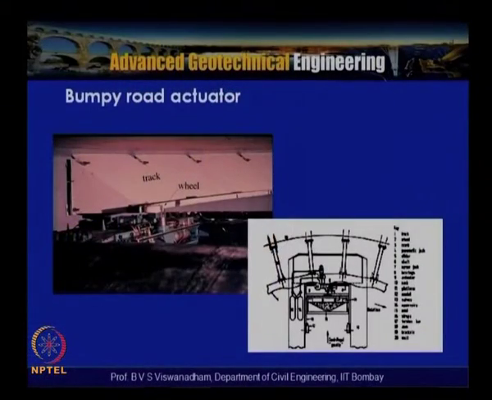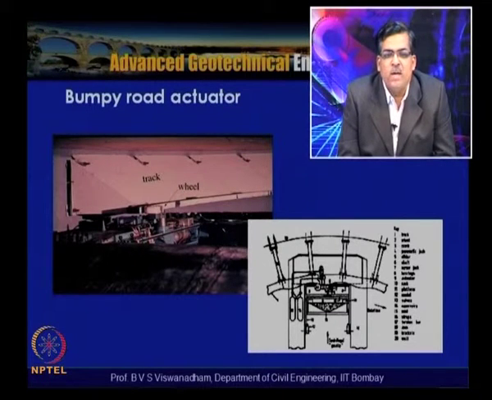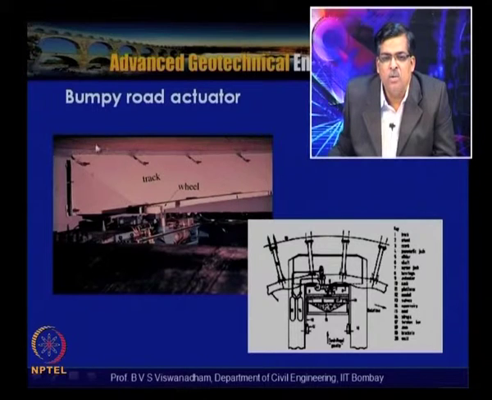So this is the bump-in-road system, wherein the bumpy road actuator was used. What has been done is that the profile has been preset on the periphery of the centrifuge, and the lander is activated and moves along this set profile, which is shown here in the picture, onto the centrifuge chamber vertical wall.